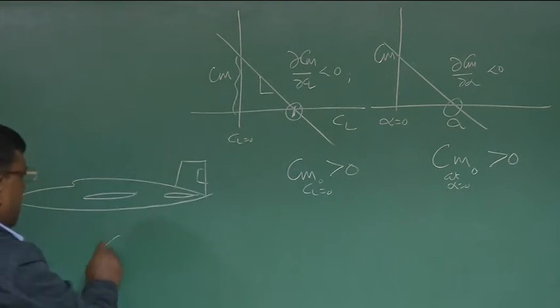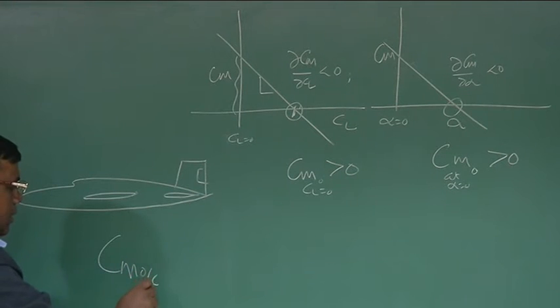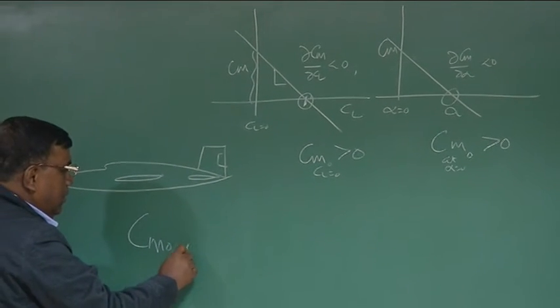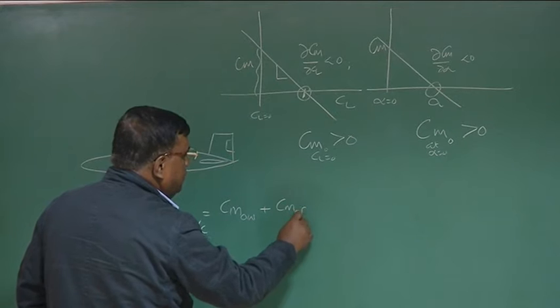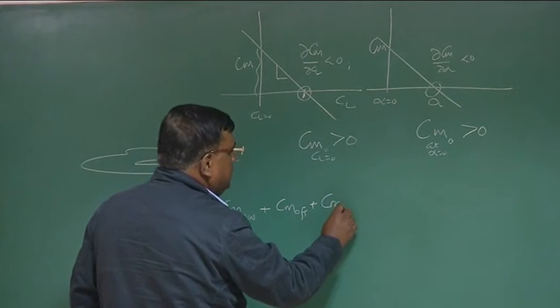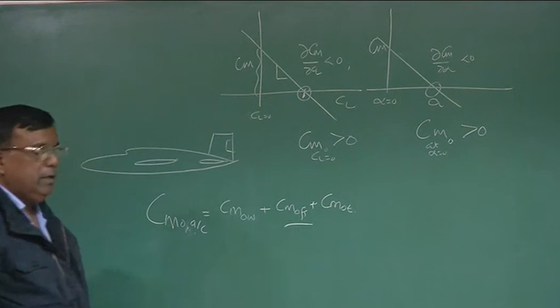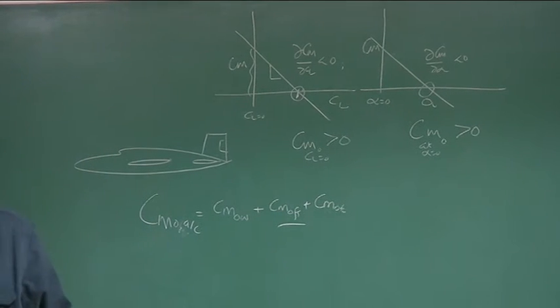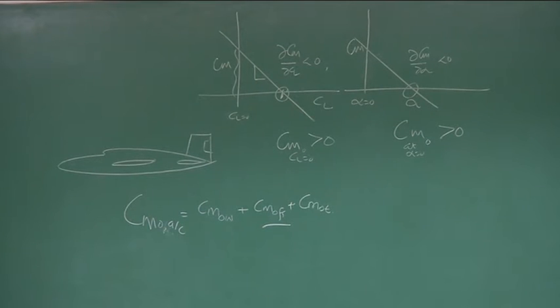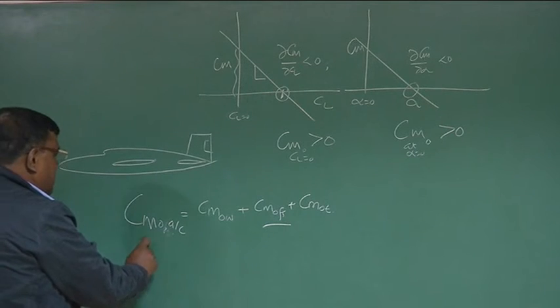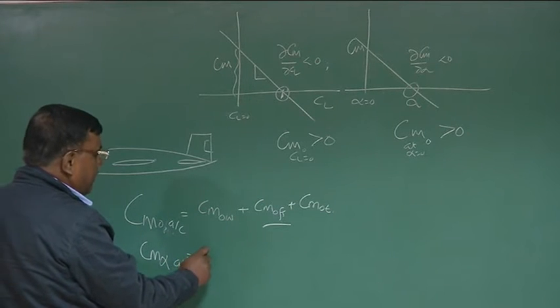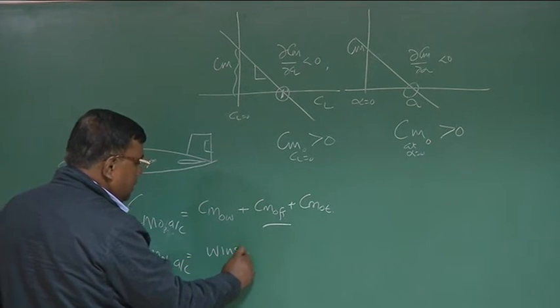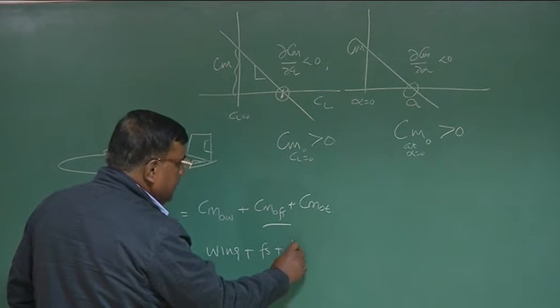This contribution, Cm naught, of the whole airplane will come from Cm naught wing plus Cm naught fuselage plus Cm naught because of tail. Although we haven't explicitly derived any expression for Cm naught fuselage or dCm by dCl or dCm by d alpha for fuselage, which we will be doing in our assignment. Also, we know that Cm alpha of the aircraft will also have components from wing, from fuselage, and from tail.